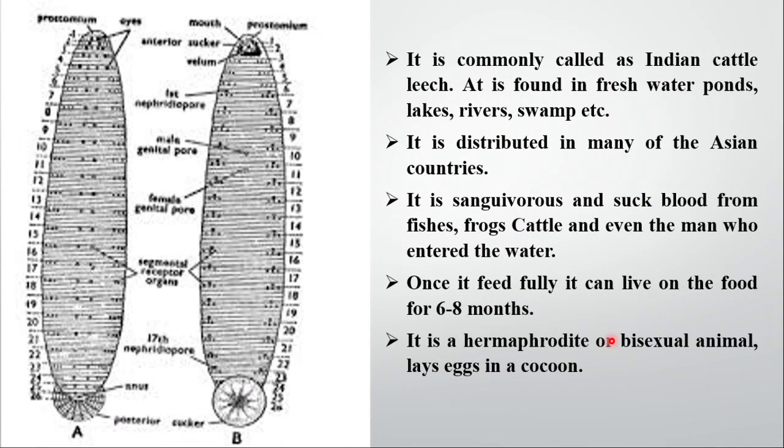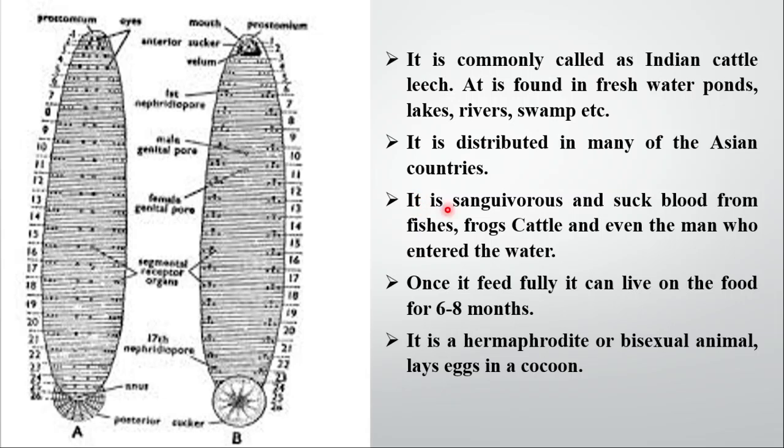It is commonly called the Indian cattle leech. It is found in freshwater ponds, lakes, rivers, swamps, etc. It is distributed in many Asian countries.